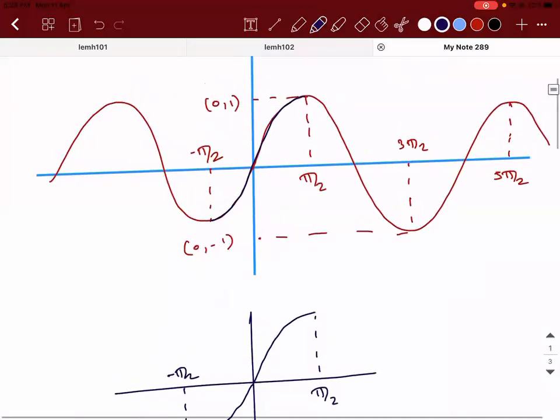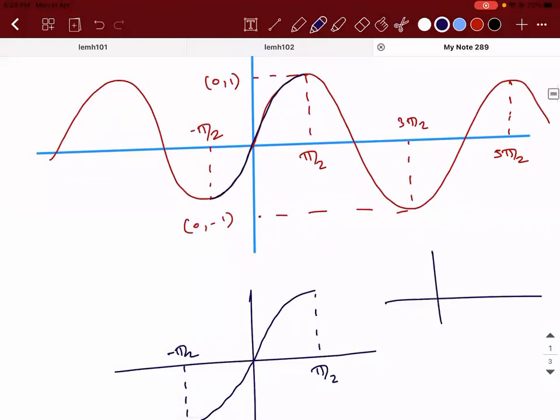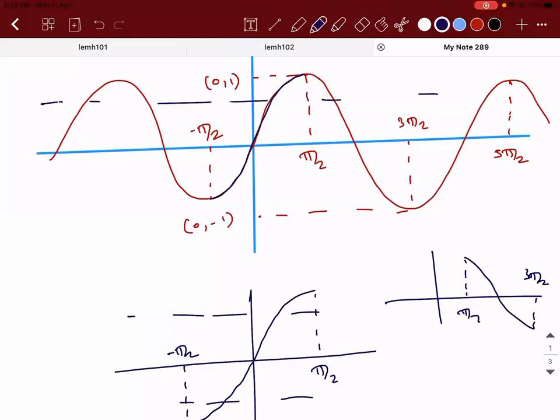Similarly, from pi by 2 to 3 pi by 2 is also a one-to-one function. Accepted? To understand what is a one-to-one function, if you draw a line parallel to the x-axis, it should cut the curve at only one point. In the previous case, if I drew a line parallel to the x-axis, it was cutting the curve at more than one point.